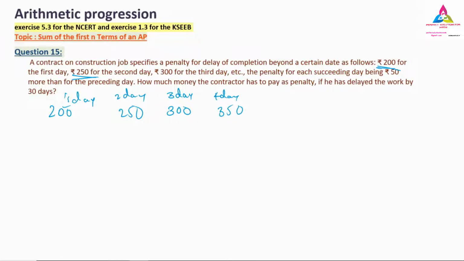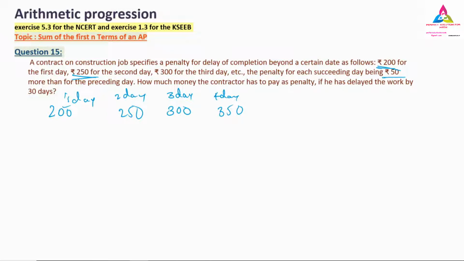350, because they have given that each succeeding day is 50 rupees more than the preceding day, meaning every day he is collecting 50 rupees more. First day he is collecting 200, next it will be 250, next 300, 350, 400, 450, and this way it will continue. So each day it will be 50 more.